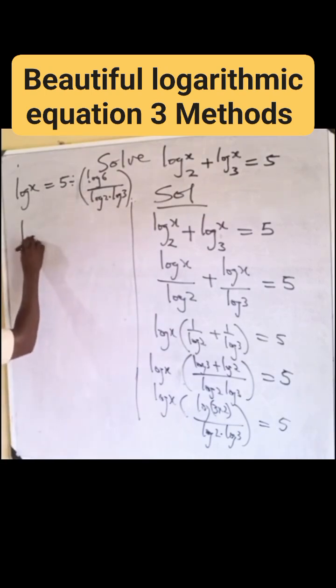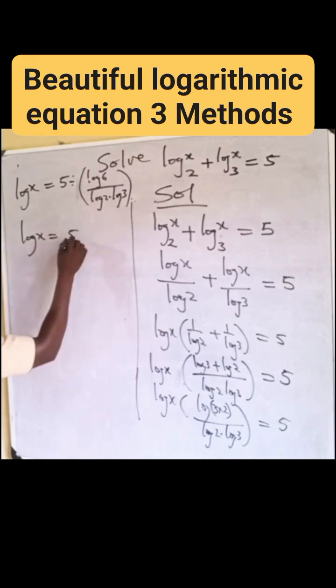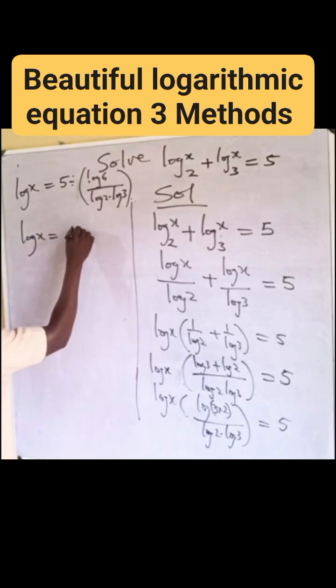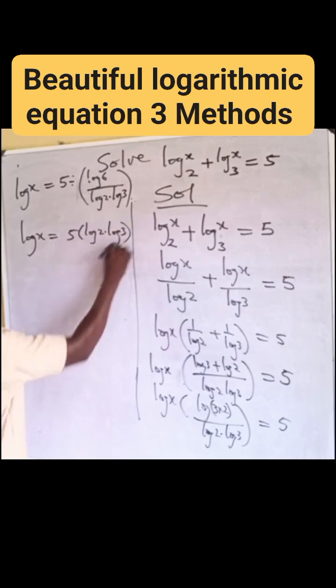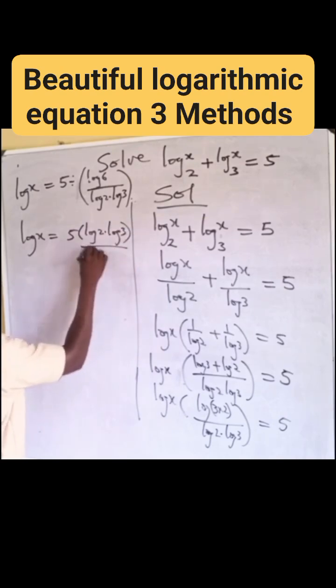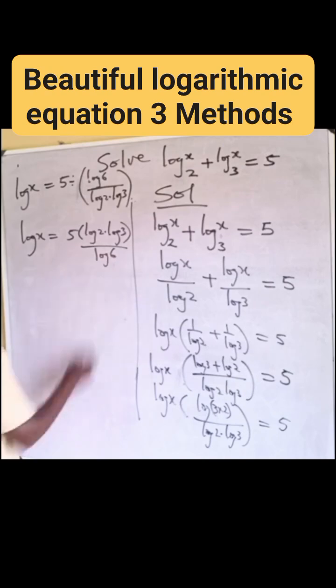So log x will now be equal to 5 times log 2 log 3 divided by log 6.